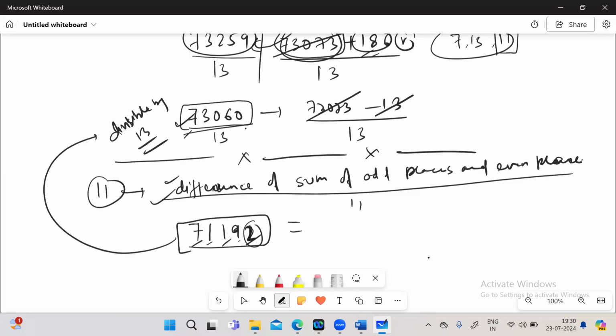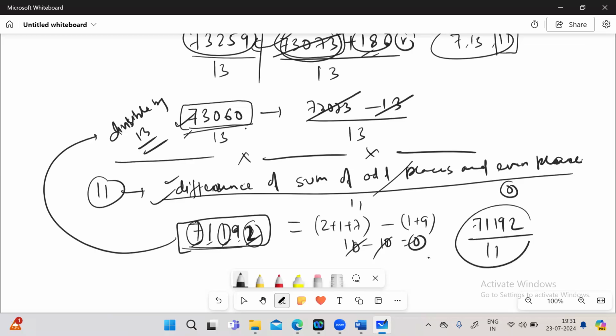All the odd places sum up to 10 and the even places are 1 plus 9, 10 again. So 10 minus 10. The concept was that the difference is either divisible by 11 or 0. Here we are getting 0, which is again a multiple of 11. So this number 71192 is divisible by 11.